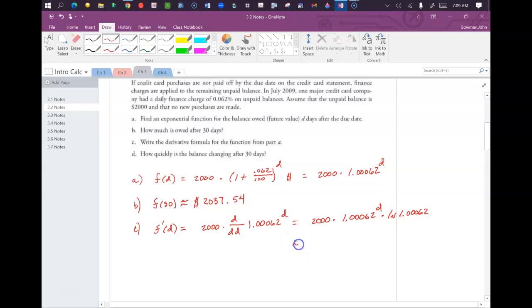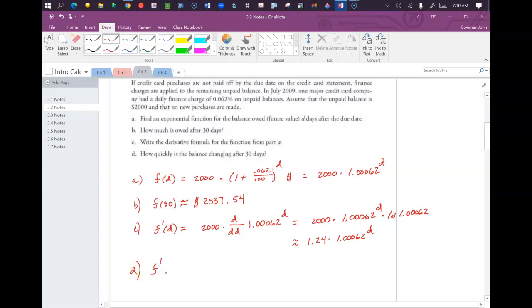That simplifies to approximately 1.24 times 1.00062 to the d.